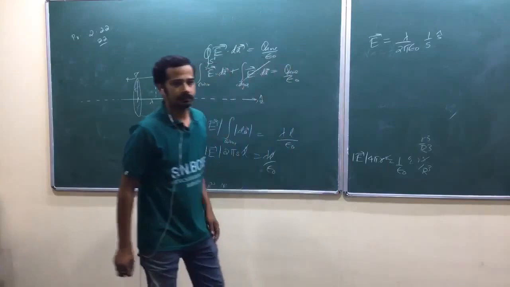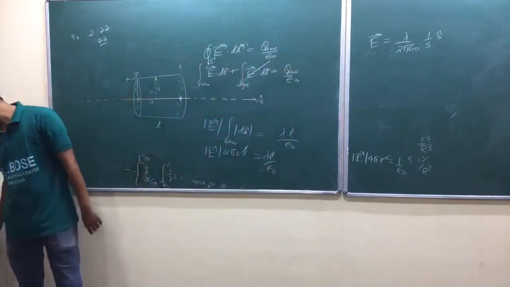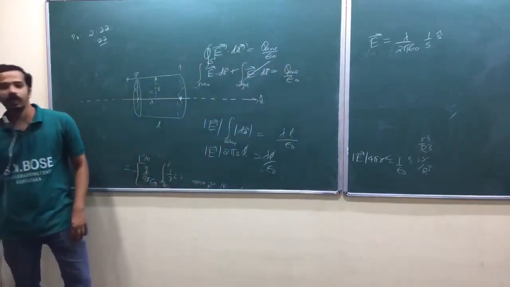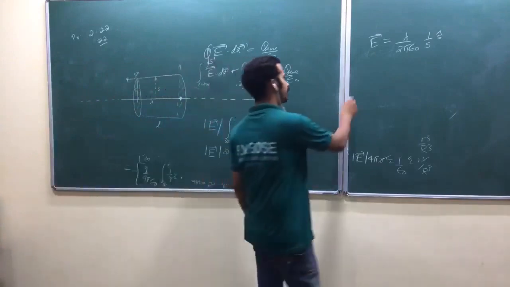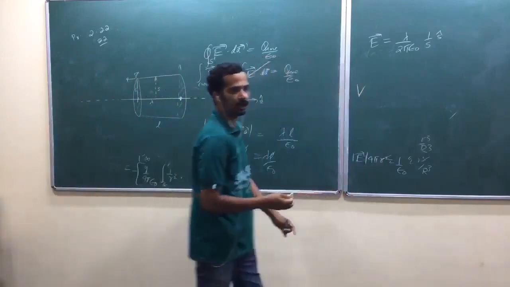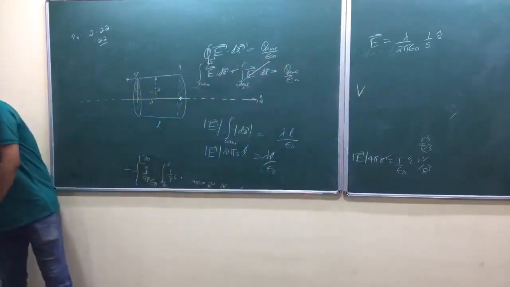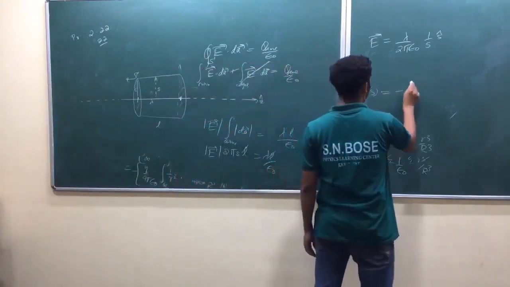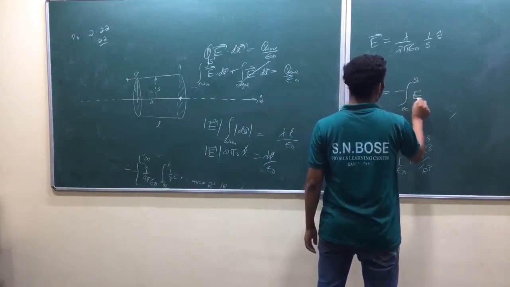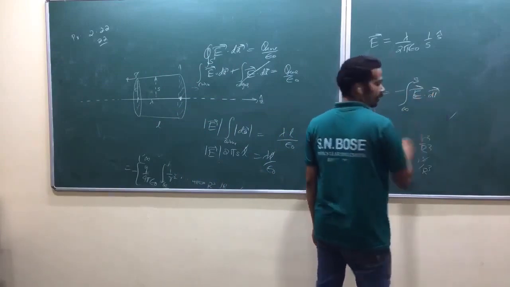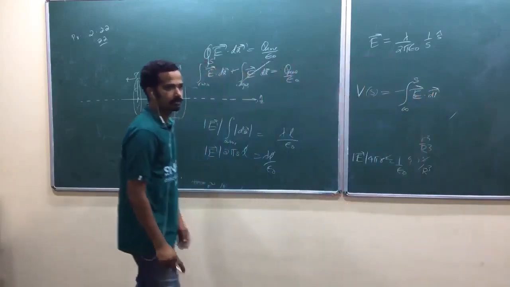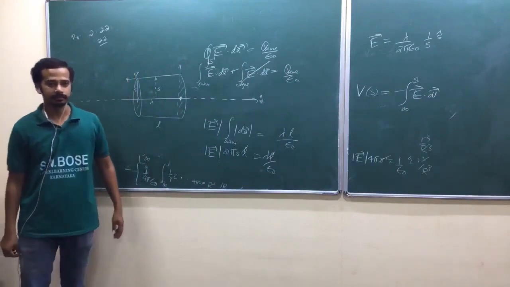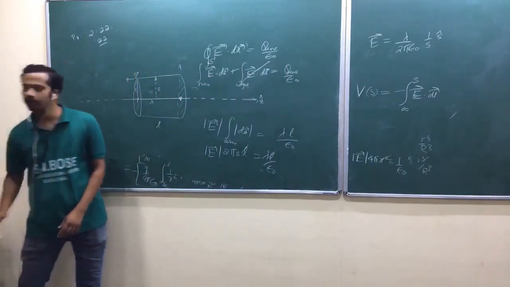Now, what is the next one? We have to find the potential at a point S. You can find potential at a point R or S, whatever. Find the potential at a distance S here. Now, how do you have to do it? You have to integrate from infinity to S, E bar dot dl bar. What's the problem? You can't take infinity as a reference point.